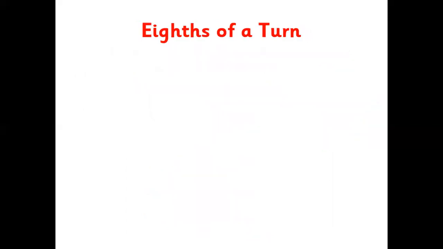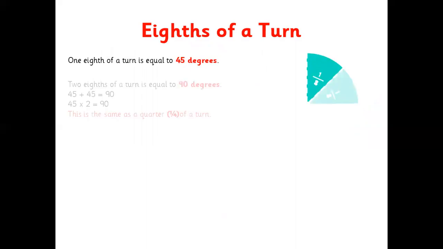Okay, let's look at non-unit fractions for 1/8. Okay, so we know that an 1/8 of a turn is equal to 45 degrees. 2/8 of a turn is equal to 90 degrees. Okay, so you've got 45 plus 45, and it's the same as a right angle.